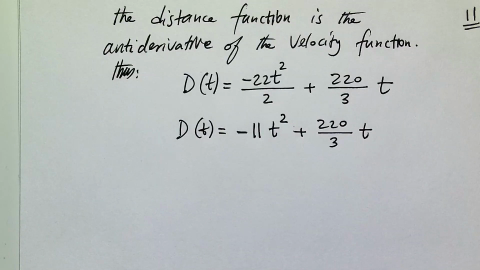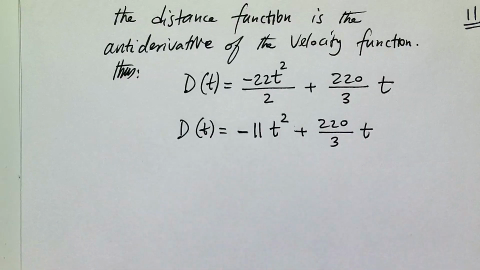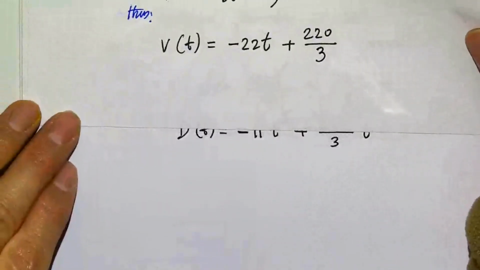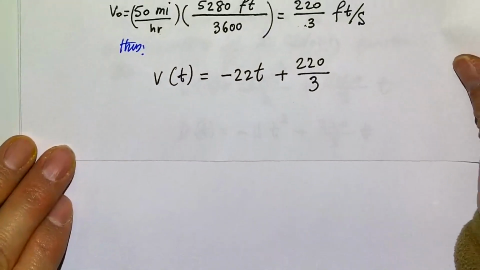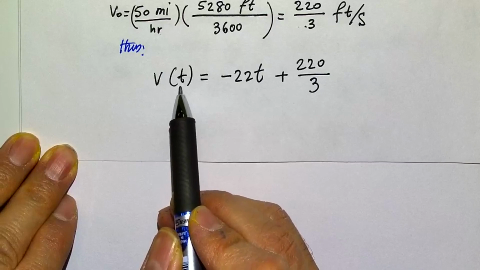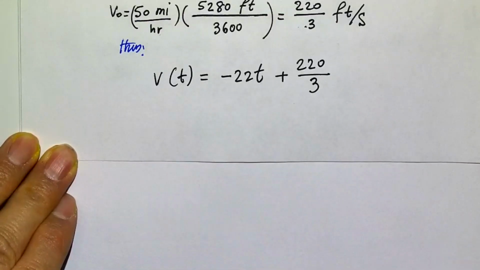So let me bring this back. We have this velocity function, right? At the full stop position for this car, the velocity is equal to 0.